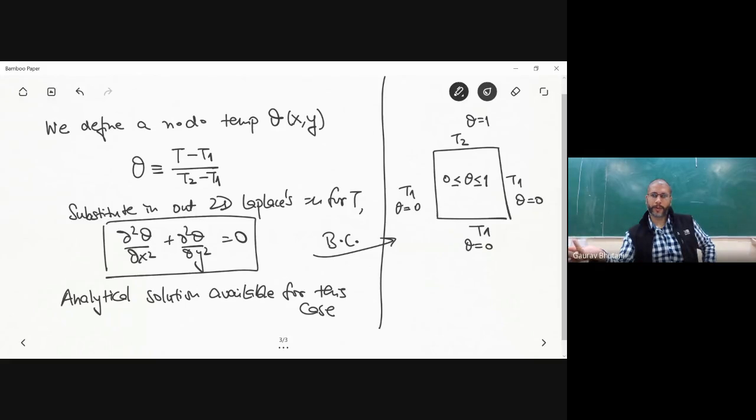Although the code will solve a general problem, at least we can solve a particular problem which has an analytical solution available, so that we can compare the exact value of the error. Then we can develop better numerical techniques, and see how the error goes down, or how one technique is better than the other by comparing the actual value of the error for the two different techniques. So analytical solutions are quite useful. Don't discard them saying that it's a very theoretical thing. Okay, so let's get onto it.